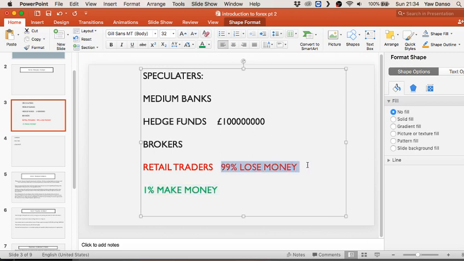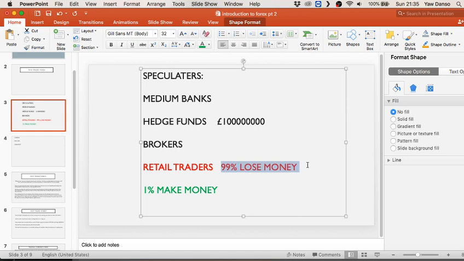The 99% is people that get in, they want to make money quick, they don't follow rules, they lose the money, and they can't trade anymore because they don't have any money. Or when they lose the money, it psychologically affects them so much that they can't trade anymore.